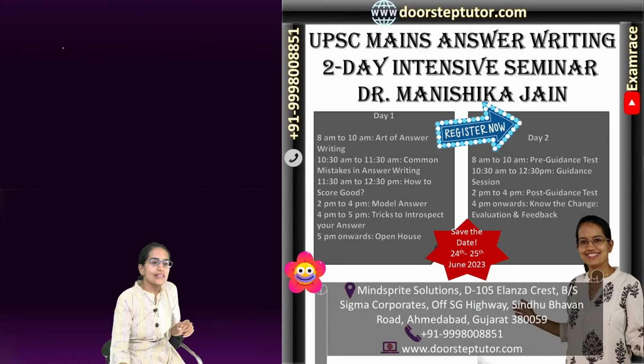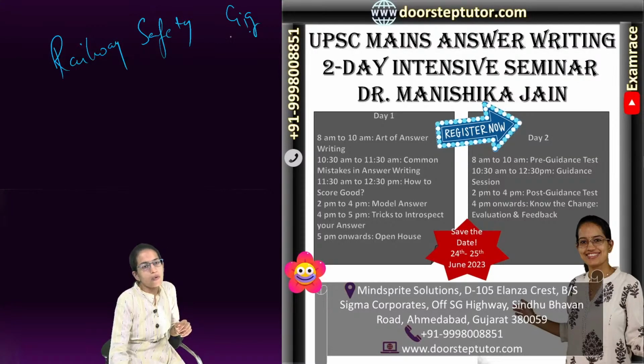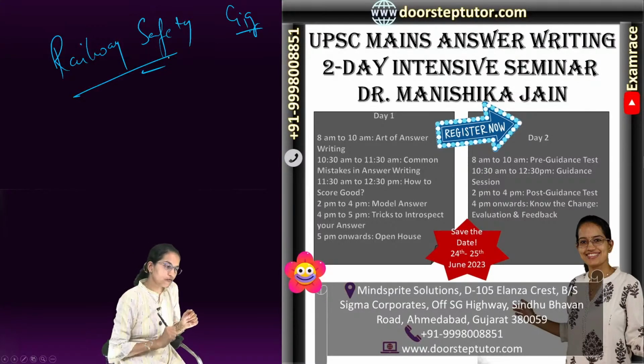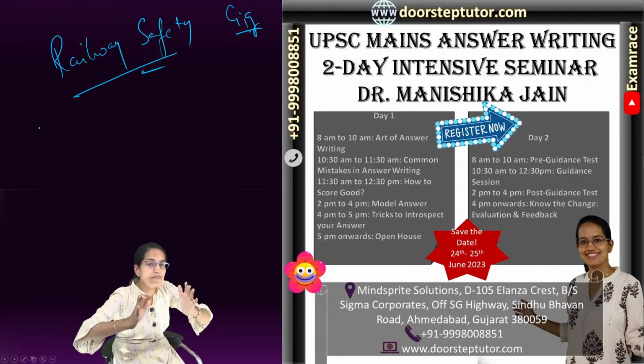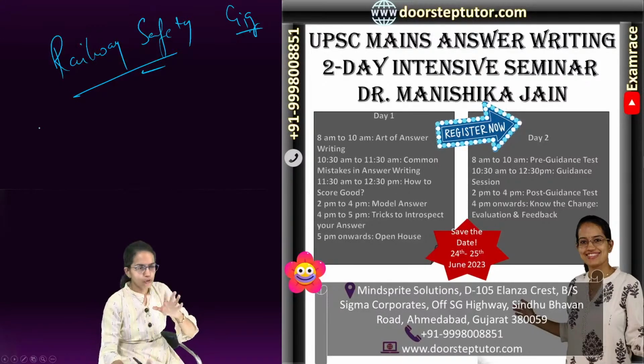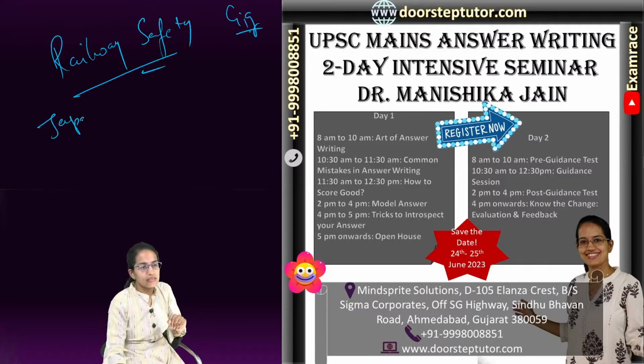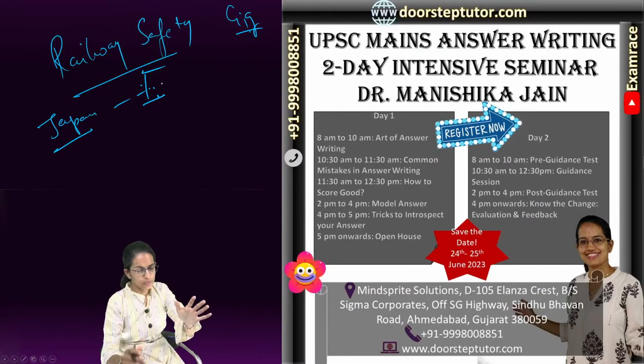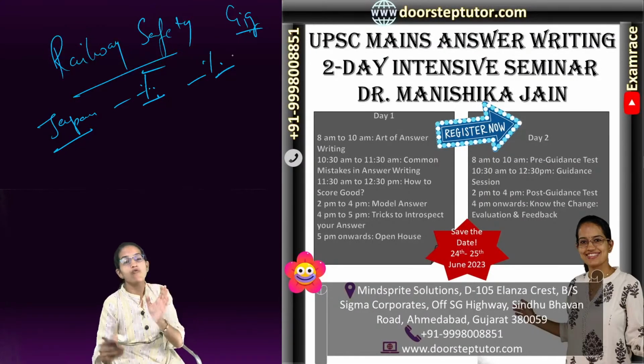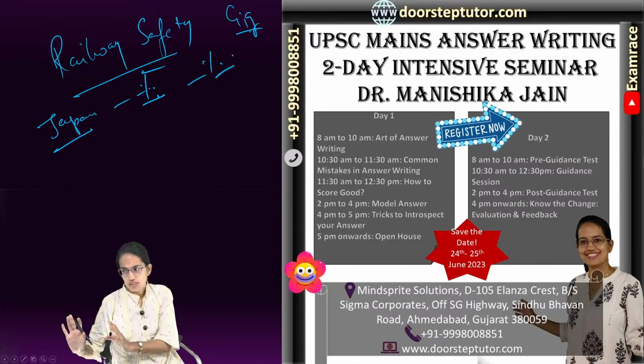Now let's say the question was on railway safety or it was on gig employees. Here there could be another interesting way of starting the answer. My methodology to start the answer here could be to bring in a comparative picture in the very first sentence. For example, in Japan, this is the proportion of trains in the total number of transport vehicles, and this is the proportion of train accidents which are cited.